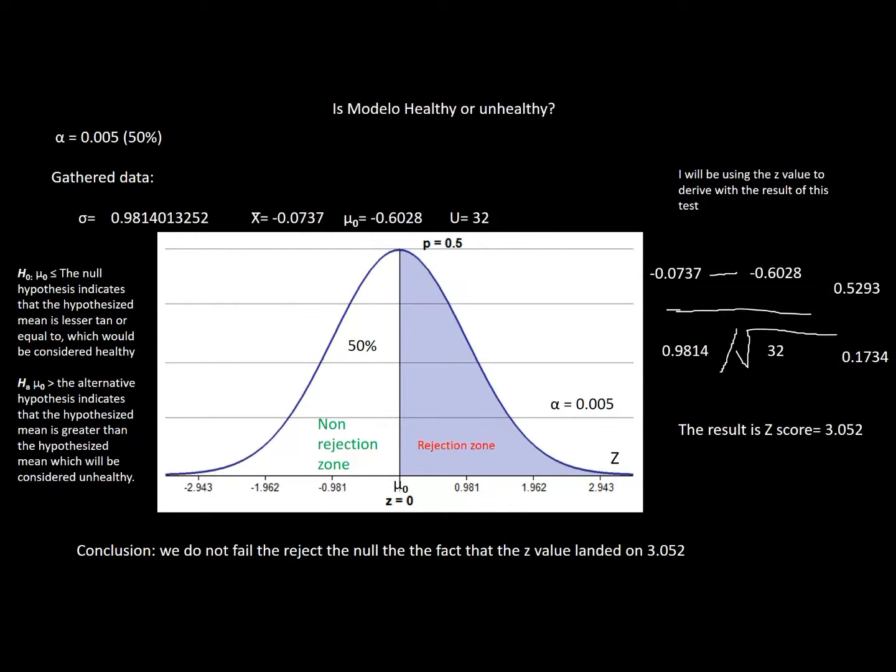Then you divide those two results, x minus mu sub zero over sigma divided by the square root of 32, and you come up with the result. That's how you get the z value.